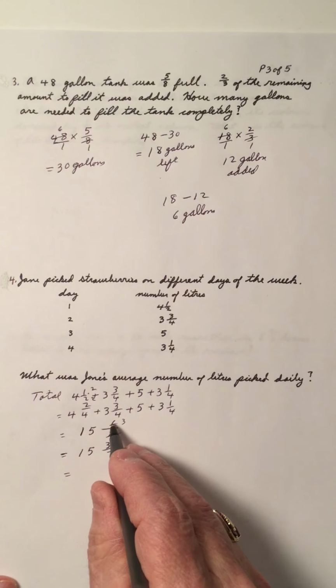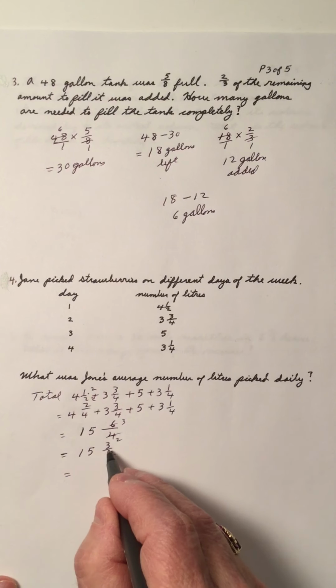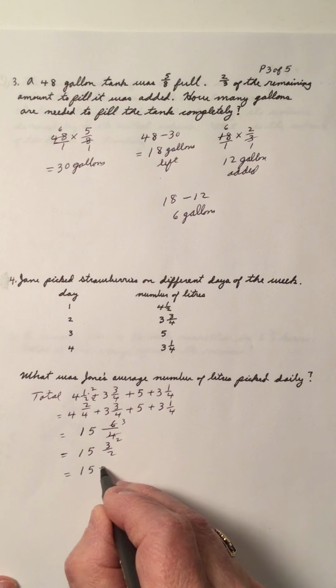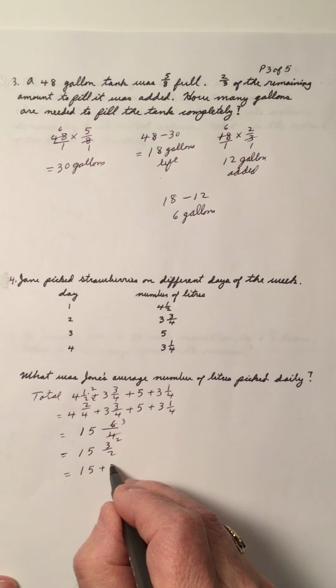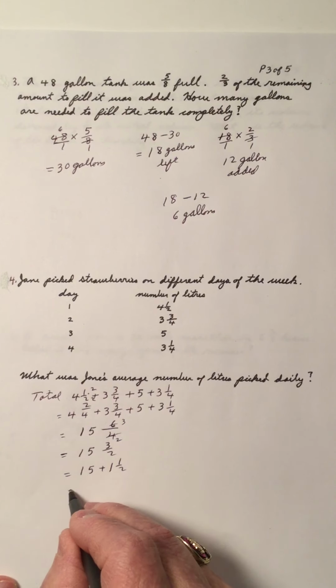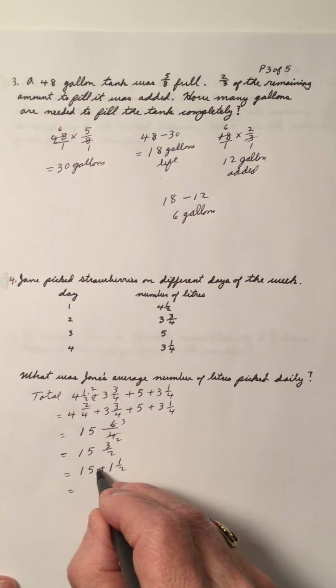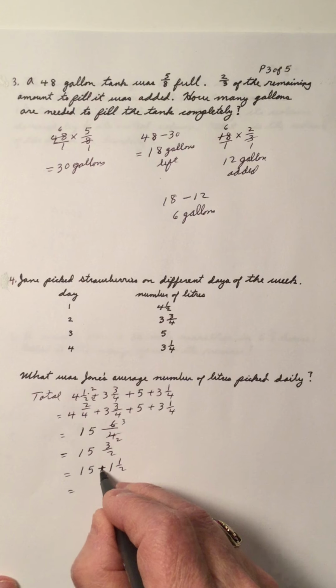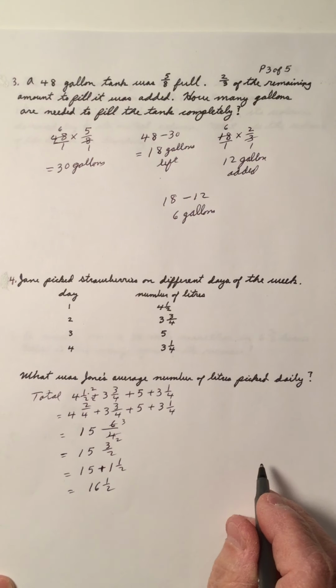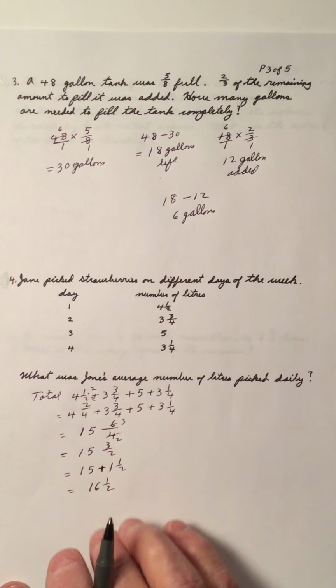So 15 and 6 over 4 is the same as 15 and 3 over 2. 3 over 2 is the same as 1 and 1/2. 2 into 3 goes once, 1 left over. So 3 over 2 is 1 1/2. So 15 plus 1 1/2 makes it 16 and 1/2. So that was the total number of liters of berries picked.